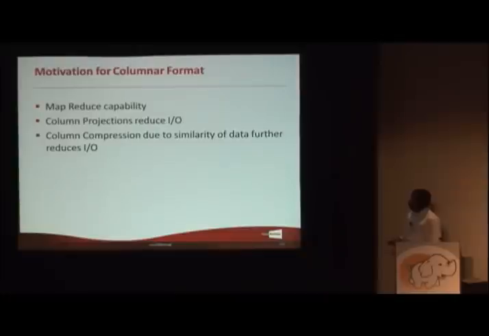Some of the benefits of going with a columnar approach is that it's still going to be a MapReduce candidate, because all we are doing is separating the rows into blocks, and then within the block, it's stored by column. So if we do a column projection, say out of 100 fields, all we care about is 2 fields.